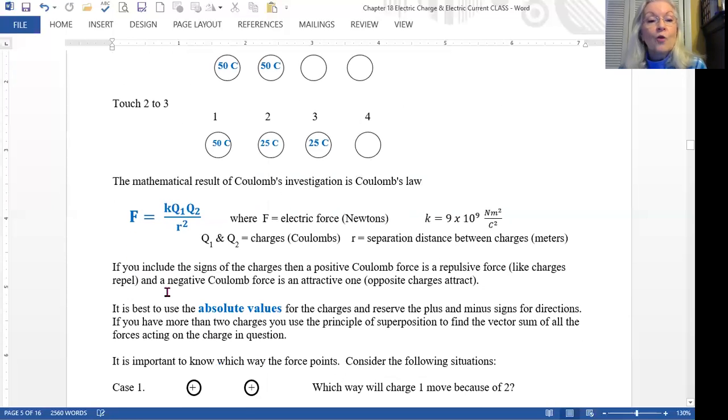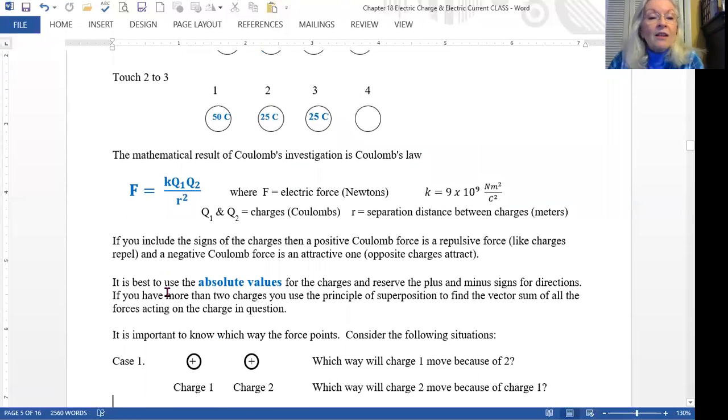All right, the result of all of this experimentation was that Coulomb came up with an equation, a formula to allow us to calculate the force that 2 electric charges feel when they are attracted or repelled by each other. We call this Coulomb's law, and it's the electric force, and it is equal to capital F, that's a symbol we've used before for force.